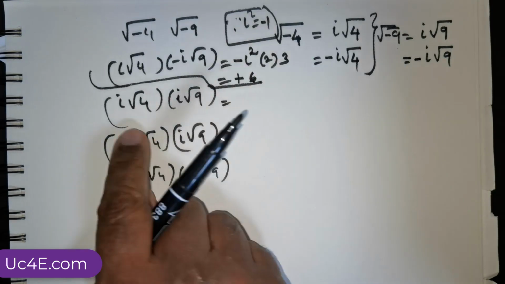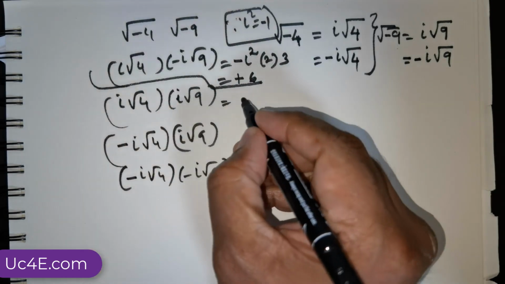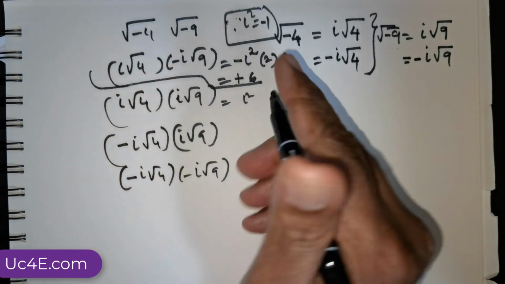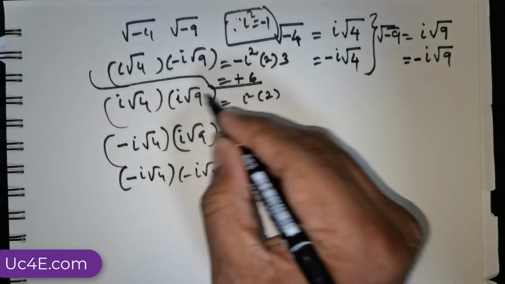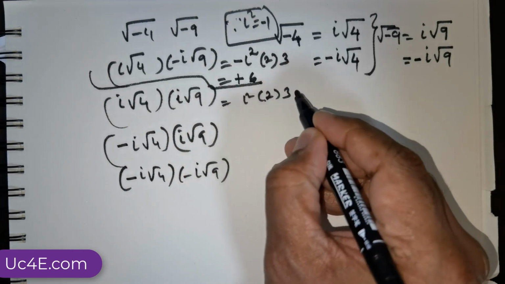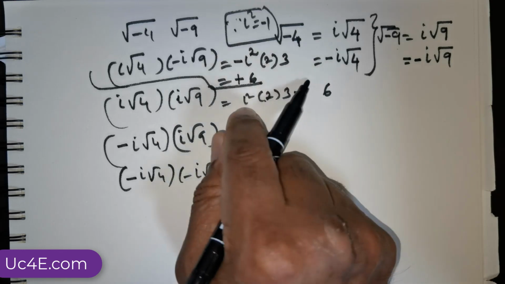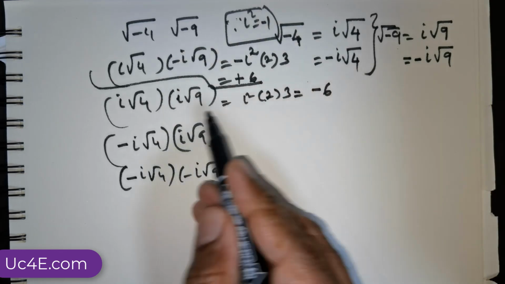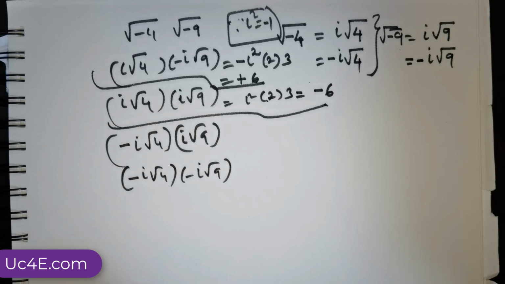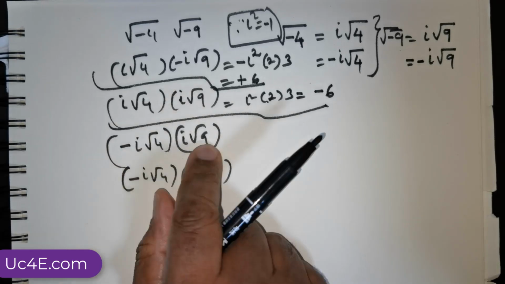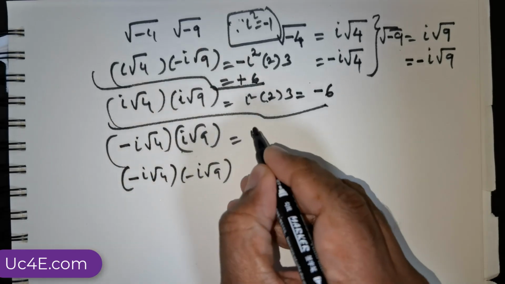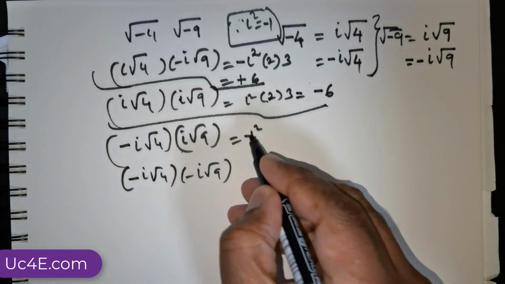Now moving on, over here i into i gives me i squared, and then root of 4 is going to be 2, root of 9 is going to be 3, 2 times 3 is 6, I place 6 i squared, i squared is -1, so -6 is the value. So this is one of the solutions. Now coming to the third one, i into i squared, I got a negative sign here, place a negative sign.